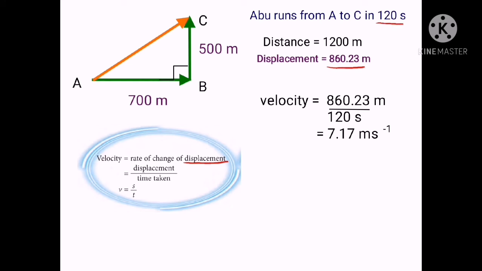So when you plug into the formula for velocity, which is displacement divided by time taken, your answer would be 7.17 meter per second. Alright, remember, speed is a scalar quantity and velocity is a vector quantity.